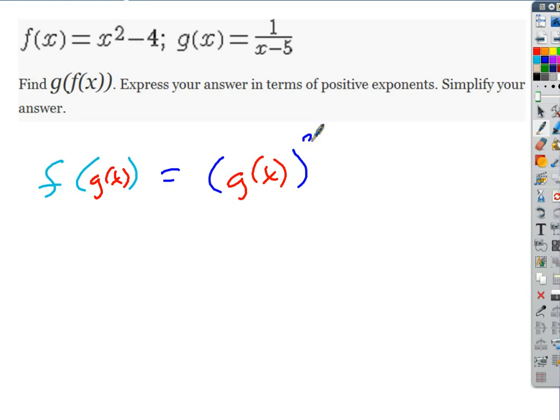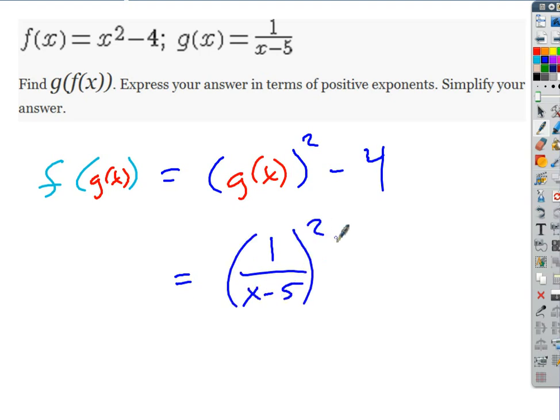So then that just looks like g of x squared minus 4. And what's g of x? Well, that. So this just looks like 1 over x minus 5, all squared, minus 4. That's my answer.